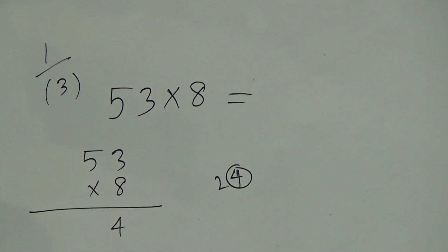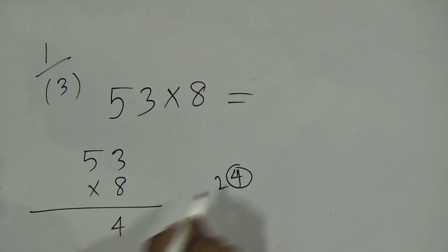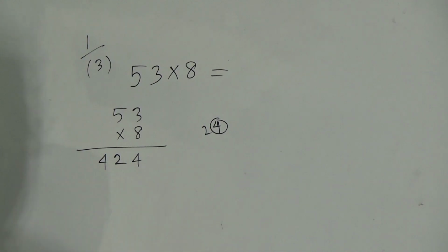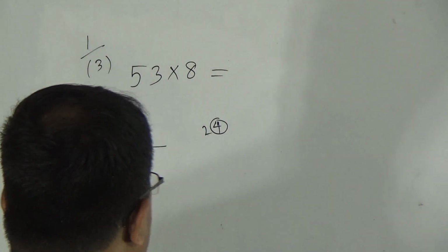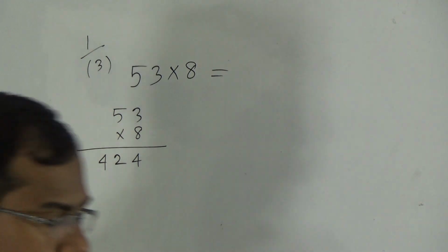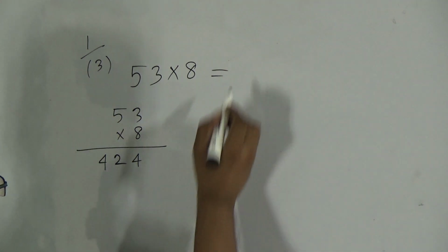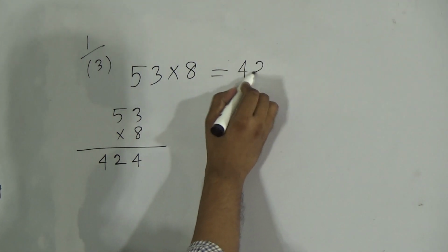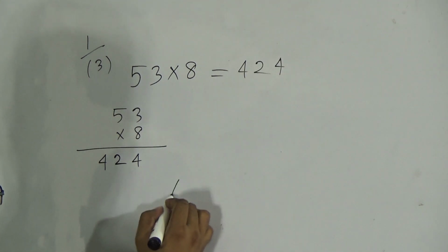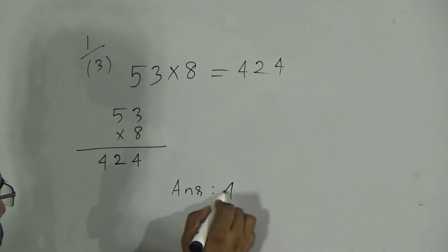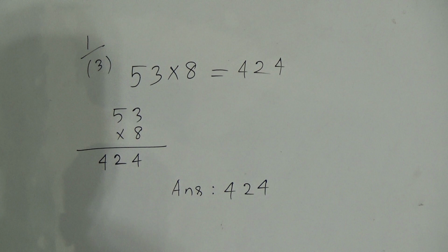Now 8 5's are 40 and 40 plus this carry 2, 42, that you see, right? 42 here. So answer will be 424. Okay, we have solved 3 numbers.